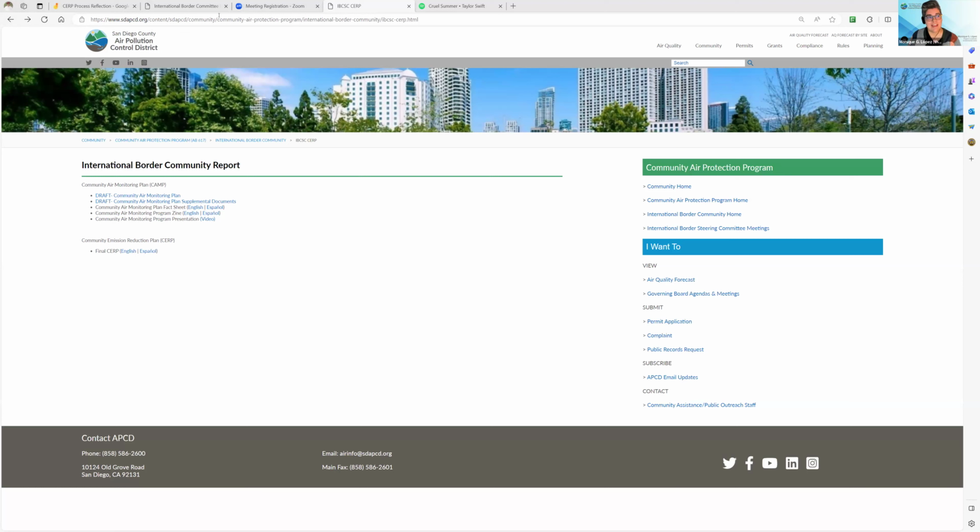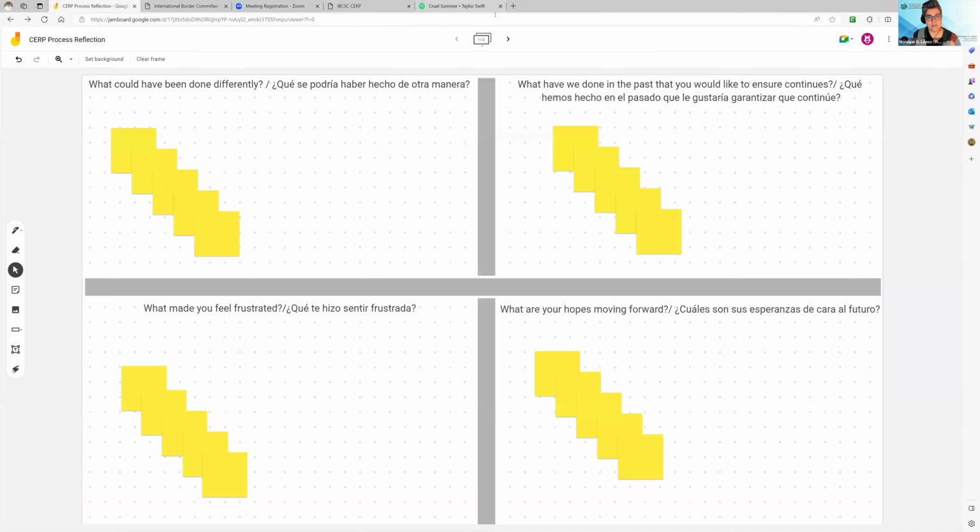What we'd love to do now is take a moment to reflect with you all about the process in co-developing the SERP itself. Reflect on things that worked well, things that we might want to continue to implement in the way we are together, in the way that we're collectively doing things as we move towards implementation.